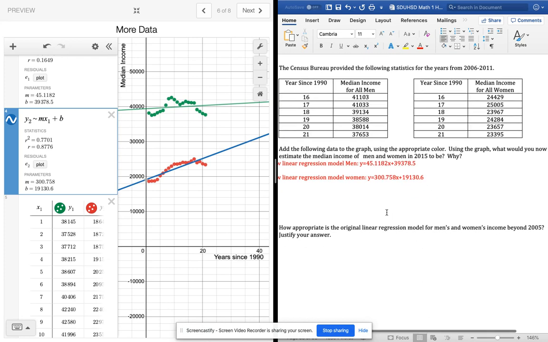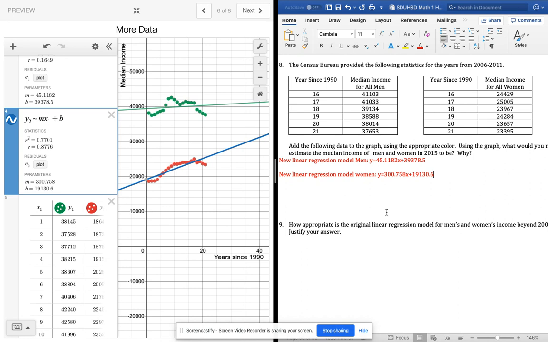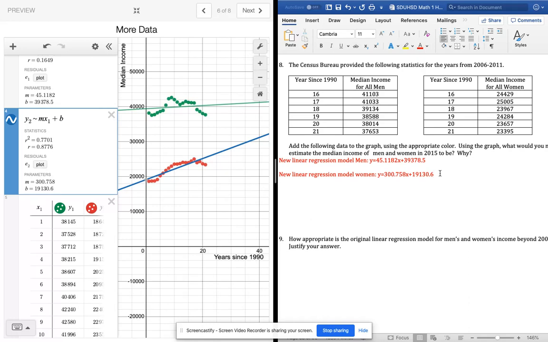So using the graph, what would you now estimate the median income of men and women in 2015 to be? This table only goes up to 2011, so we can use the new linear regression models because they have more data, so they're probably more accurate. For men, we'd have y equals 45.1182 times x.